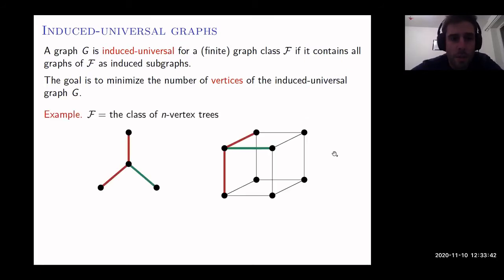Let's start with a very simple example. Let F be the class of all trees on n vertices. I claim that there's a very simple induced universal graph for this class: the n-dimensional cube. You can see that quite easily by induction, by removing a leaf in your tree.